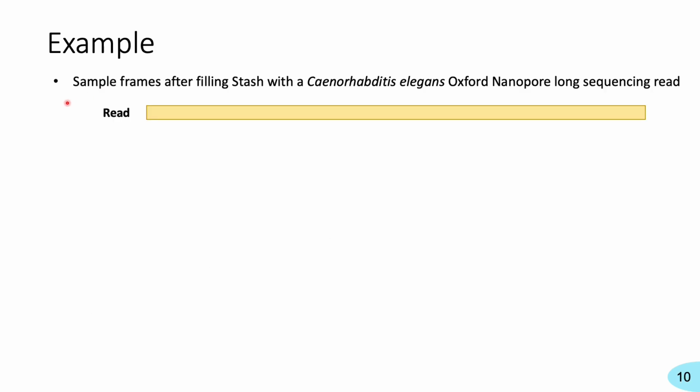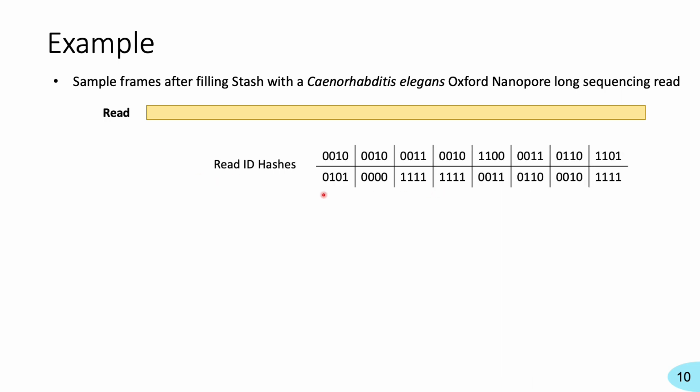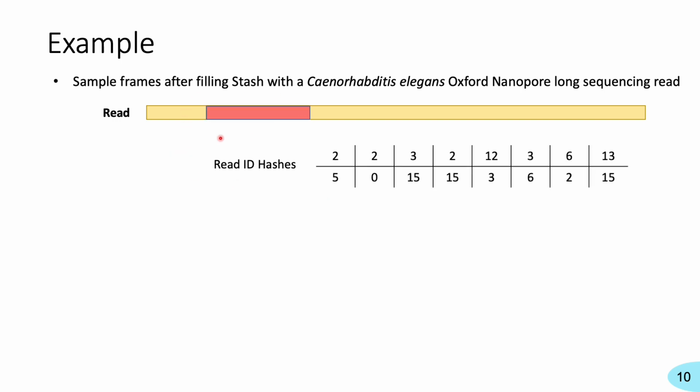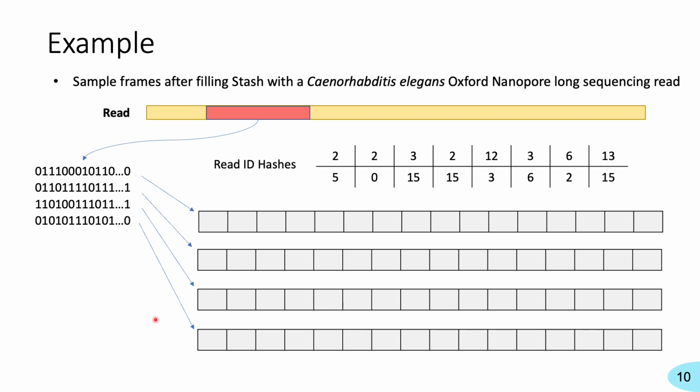Here, I will show an example of how sample STASH frames are updated after filling the data structure with a C. elegans Oxford Nanopore long sequencing read. Having the input read, the read ID hashes would be as follows, which will be segmented into 4-bit tiles, and these tiles correspond to these values. Having the sliding window of spaced seed patterns, the ntHash output values would be as follows, each of which will determine one row in STASH.